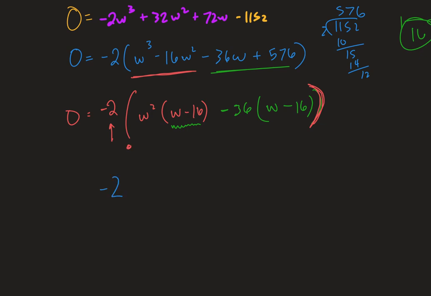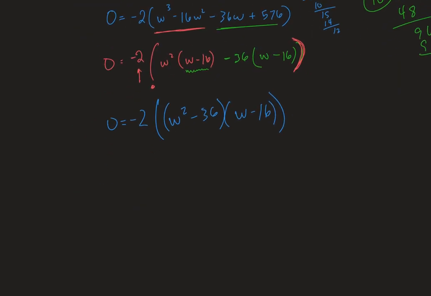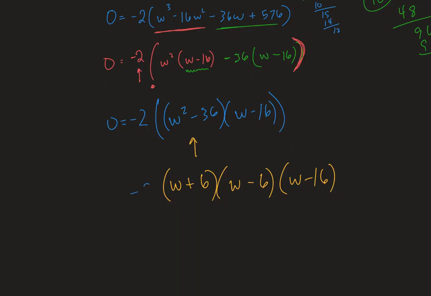So that negative 2 is still just hanging out there. It's not going to matter, but we have W squared minus 36 times W minus 16. Cool. So in this scenario, this is still factorable to be W plus 6, W minus 6, and then there's the W minus 16, and then there's that negative 2W just chilling out there.